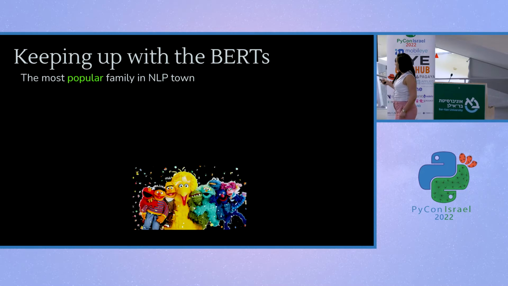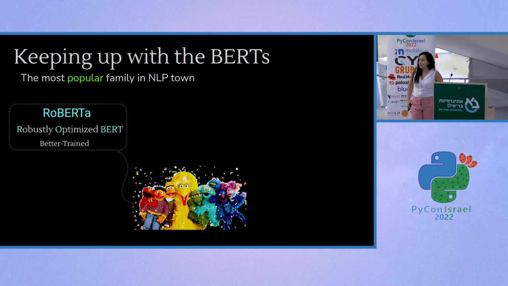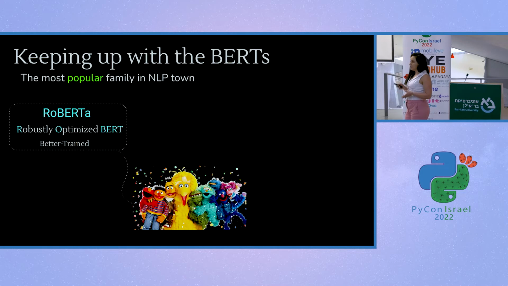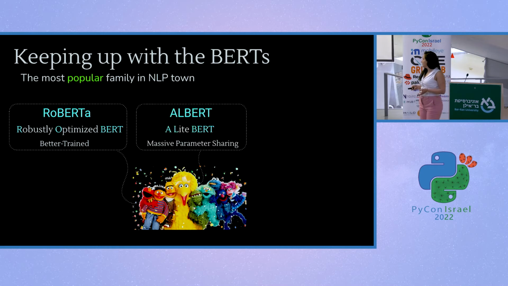To name some of the popular relatives in the family, we have RoBERTa. RoBERTa is a robustly optimized BERT, and they basically showed that BERT is undertrained. So they took the same data, trained for more epochs, and achieved better results. Pretty straightforward. We also have ALBERT. It's a light BERT.